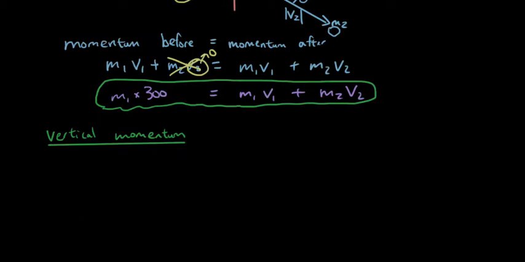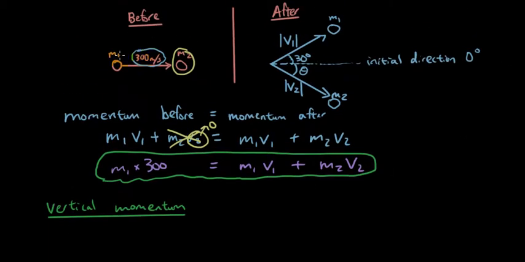Now you can see here on the left hand side, beforehand, before the collision, there is no vertical momentum, right? Neither of these objects are moving up and down. So vertical momentum will be zero because they're not moving upwards or downwards. Velocity is zero for the vertical direction.